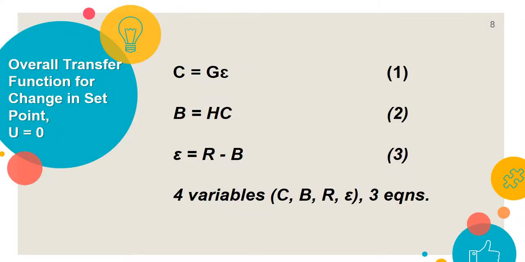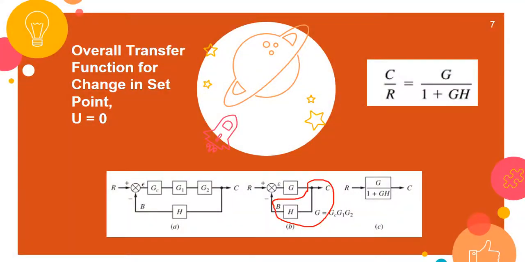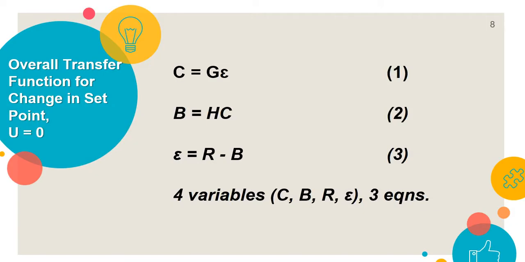And if you're going to ask me, it's better that you know how to derive the transfer function using the set equations, because it's not most of the time that you will have this particular type of block diagram in which it is easy for you to draw the simplified form, and then from the simplified form simplify it further to bring about the transfer function. Okay? So, it's better that you know how to do it using the setting up of equations.